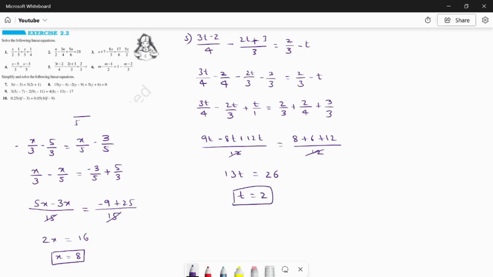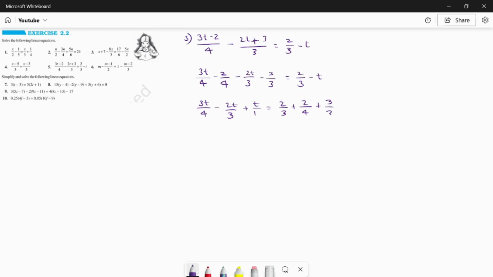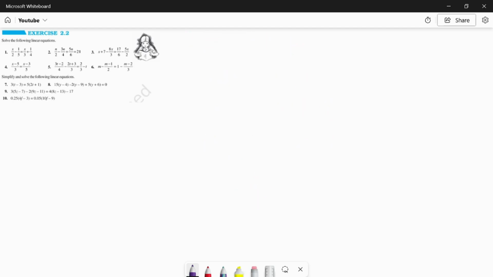Let's move on to the sixth question. m - (m - 1)/2 = 1 - (m - 2)/3.